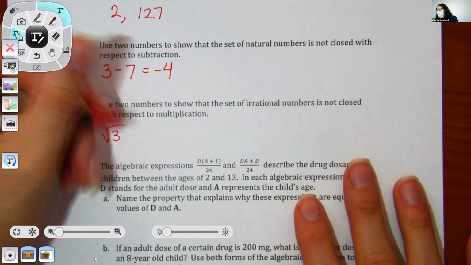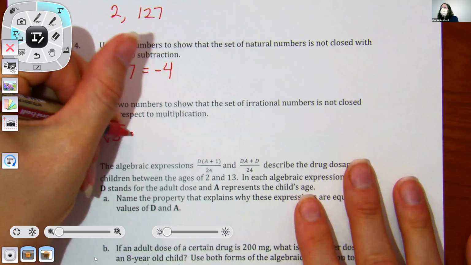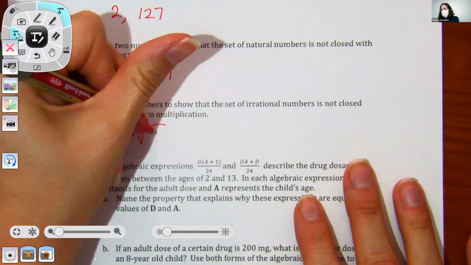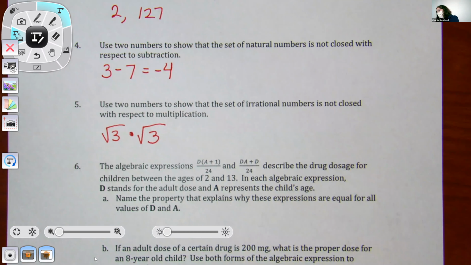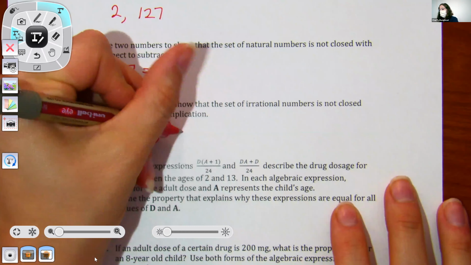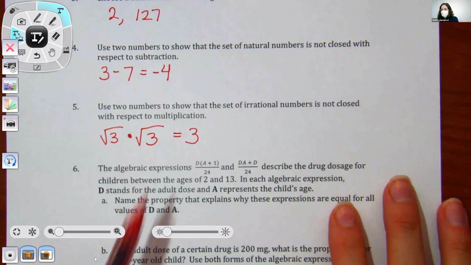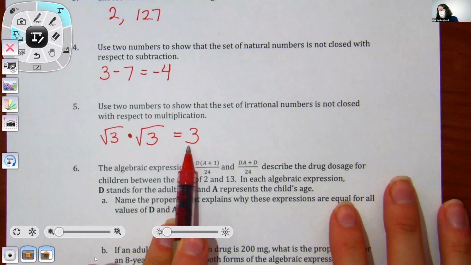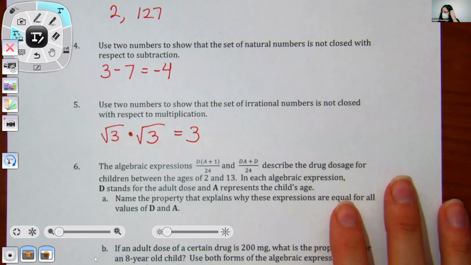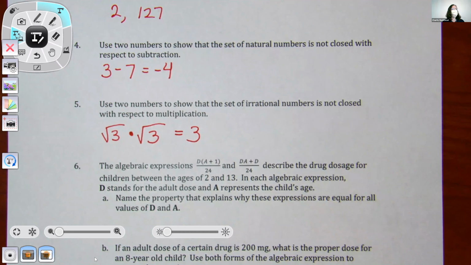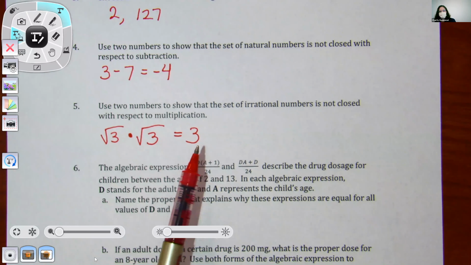If you multiply that by the square root of 3, which is also an irrational number, of course, your answer is 3. And 3 is not an irrational number. So the set of irrational numbers is not closed with respect to multiplication, because there is a possibility you can multiply 2 irrational numbers and get an answer that is actually rational.